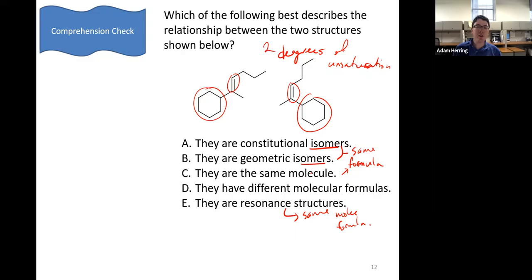Now, another way to do this is to simply count things out. So if you count up, we can see that we have 6, 7, 8, 9, 10, 11, 12 carbons in both structures.